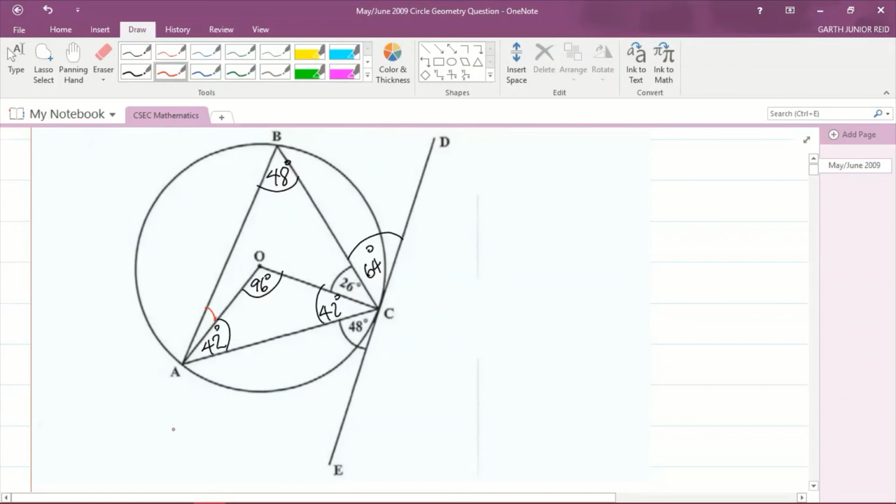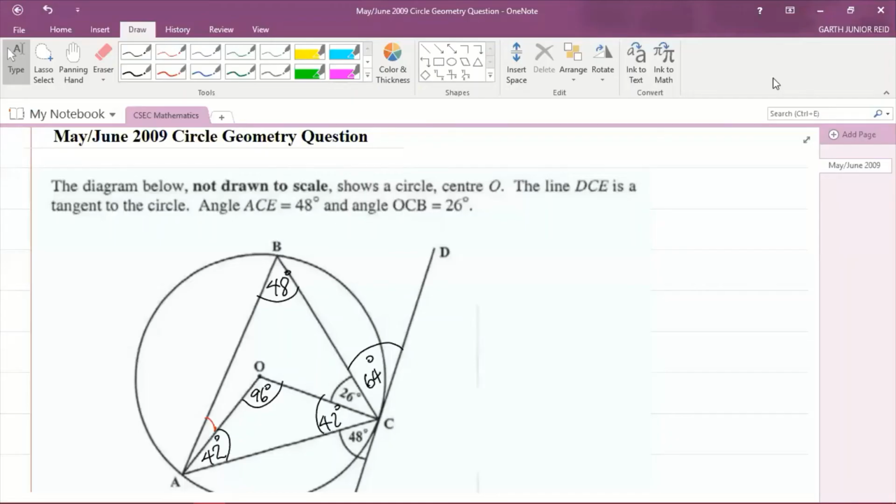So how do we calculate that angle now? How do we calculate that angle here? How do we calculate the angle OAB now?